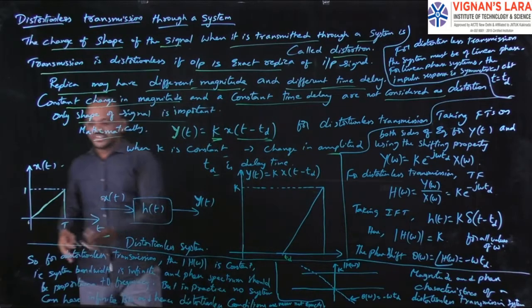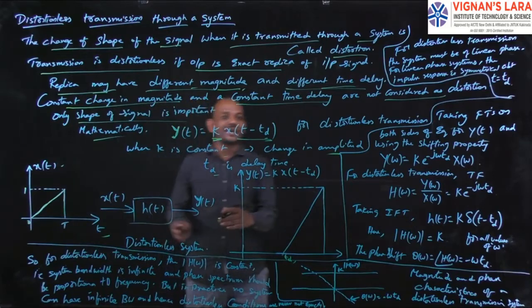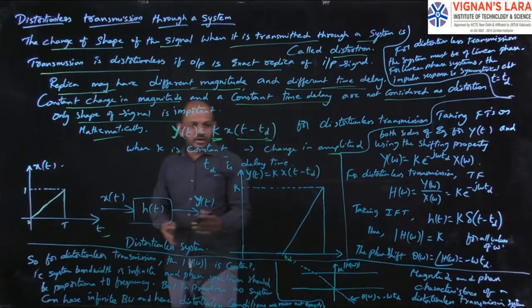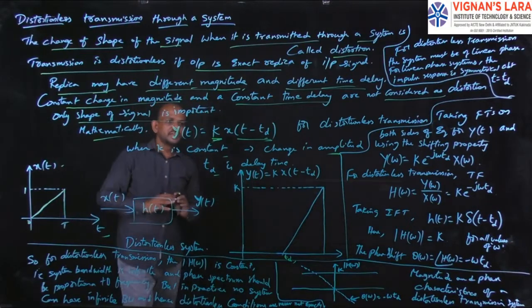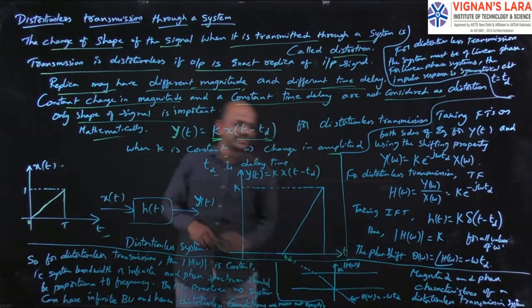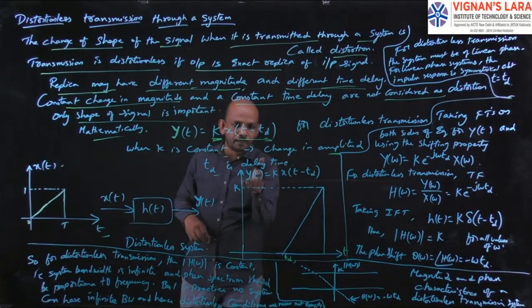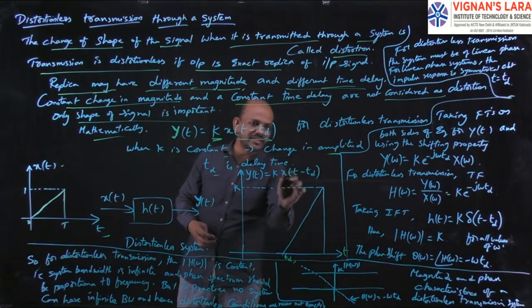And instead of starting at 0, it is starting at td, that is a time delay of td. The shape is the same. Hence this is the diagrammatic representation, with t on the x-axis and the output on the y-axis, of y of t equal to k into x of t minus td.